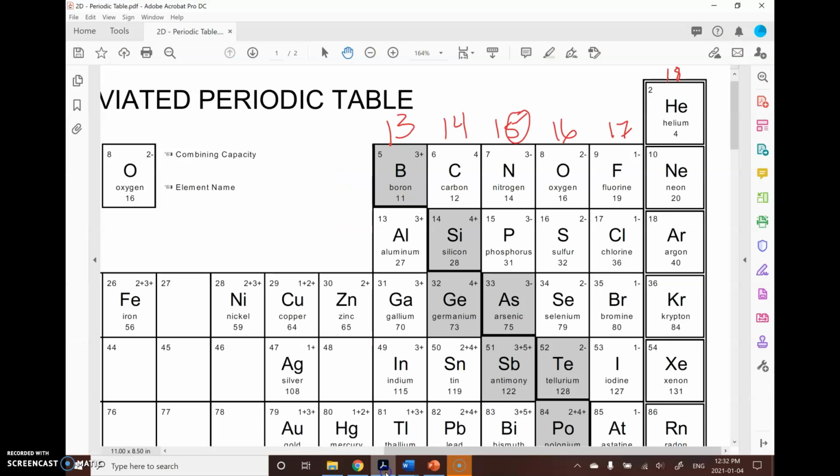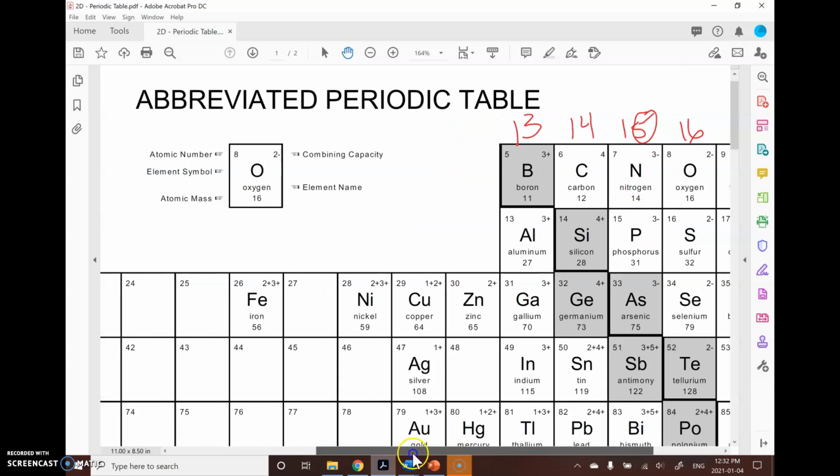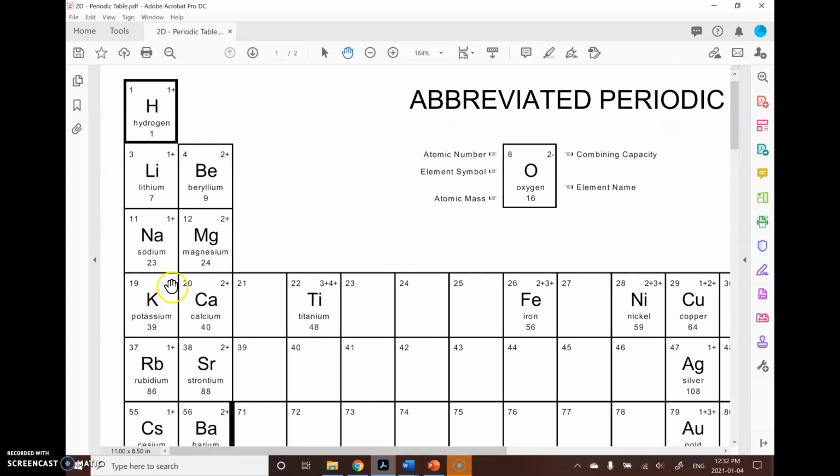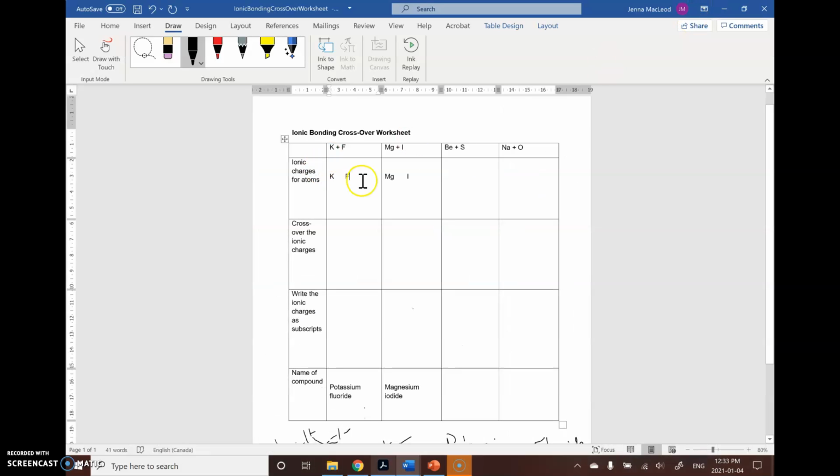So we go here and take a look. F is a -1. The K is a +1. So I have a 1 plus and a 1 negative here. Then you want to show me your cross. You take the cross and put it down by the F, and take this one and put it down by the K. So what you get is K1 F1.